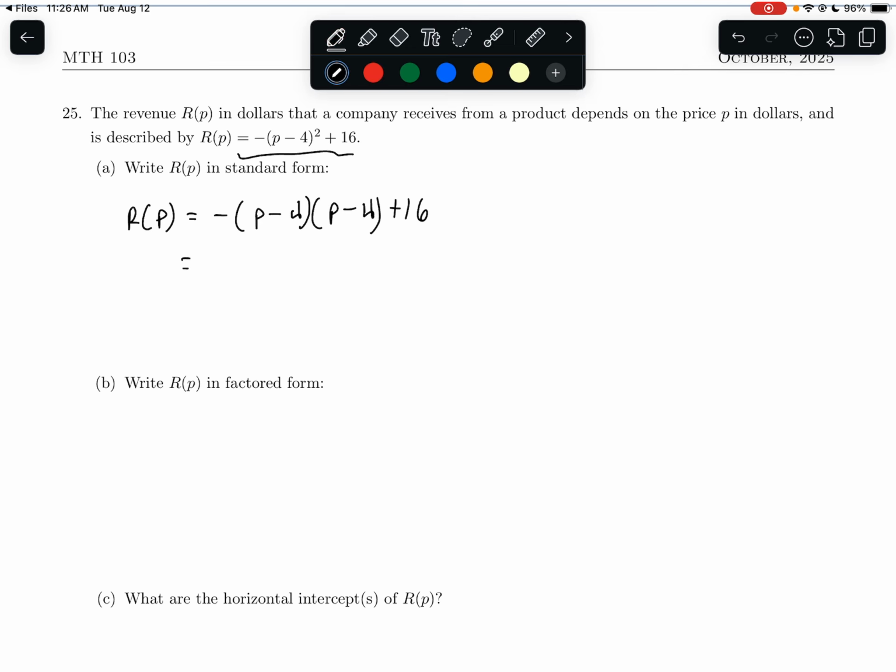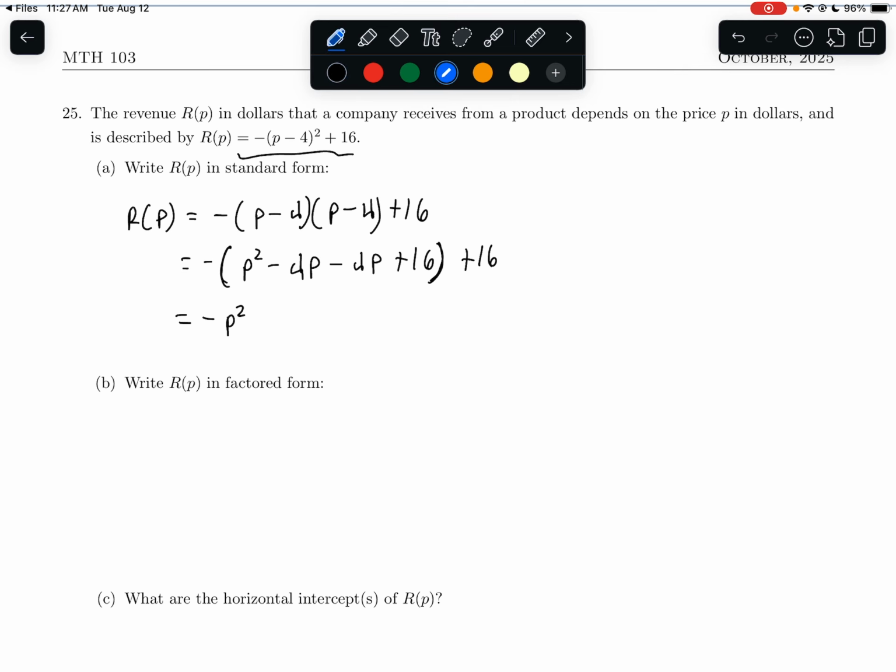So this is now, if we multiply this, p squared minus 4p minus 4p plus 16. Now all of this has to be multiplied by negative 1 because of the negative in front, plus 16. Now if we combine this a little bit and multiply the negative through, we'll have negative p squared.